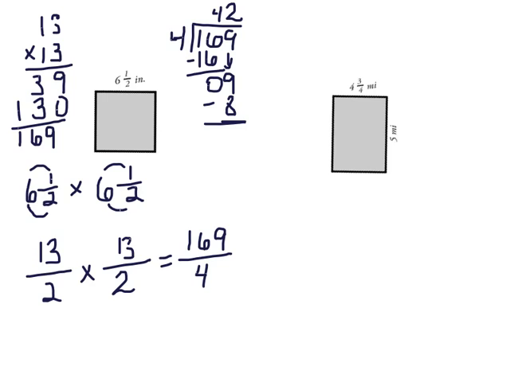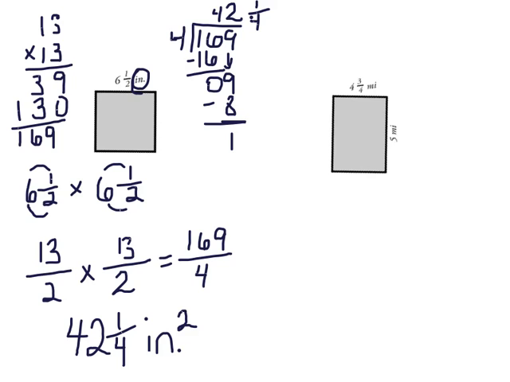And my remainder becomes the numerator, and the divisor is the denominator. So my final answer here would be 42 1/4. But now I've got to look, I'm talking inches. Inches squared, because I'm talking about all the little squares that are within my area.